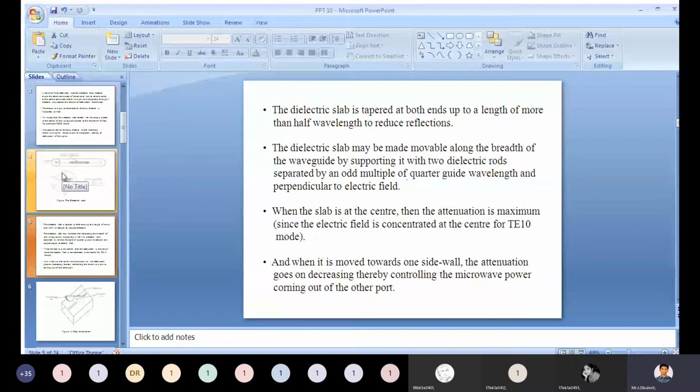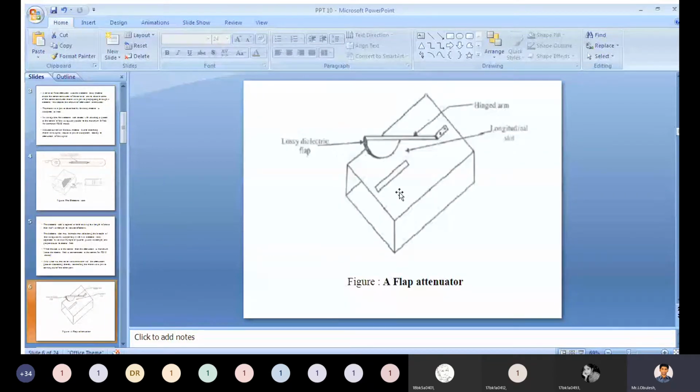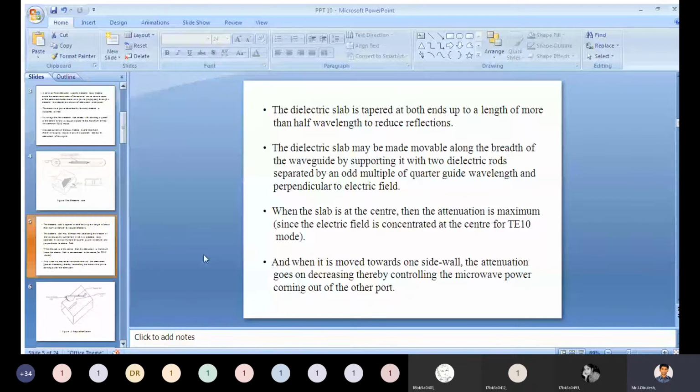In this diagram, when the slab is at the center, the attenuation is maximum, since the electric field is concentrated at the center for the TE10 mode.